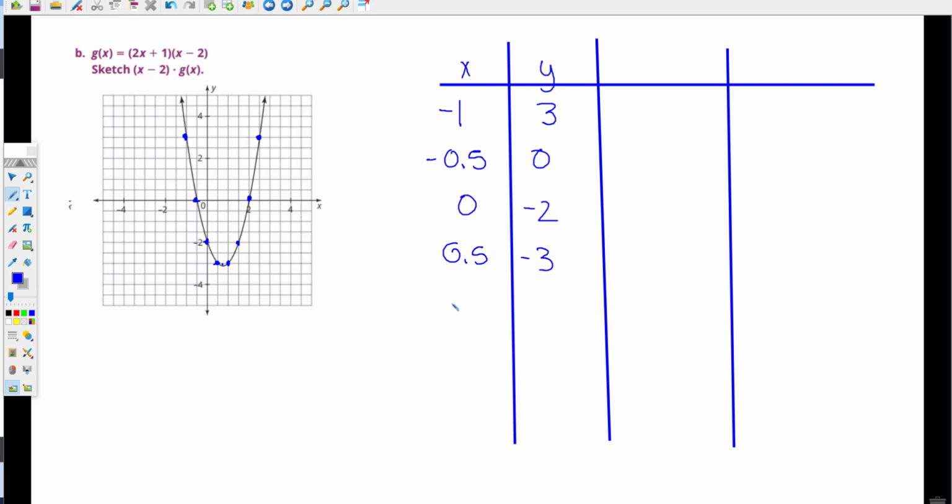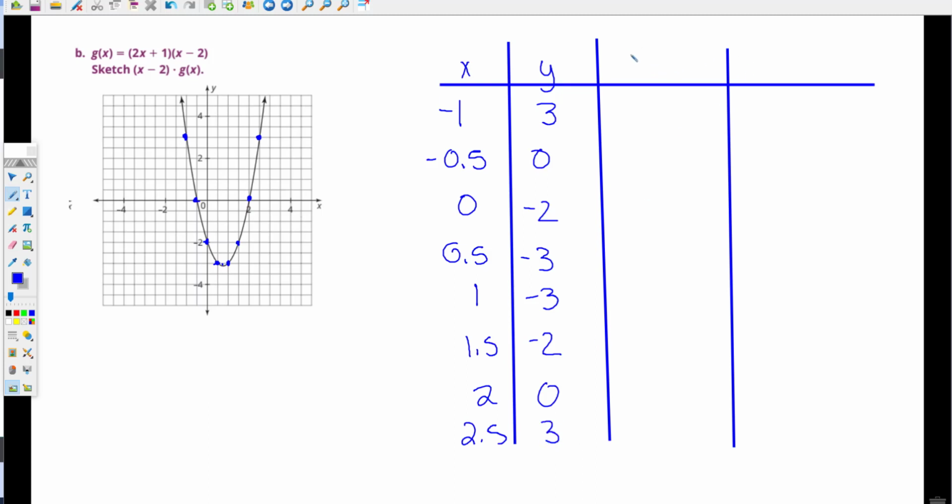And then at positive 1, I'm back to negative 3. And then at 1.5, I'm at negative 2. At 2, I'm at 0. At 2.5, I'm up at 3.